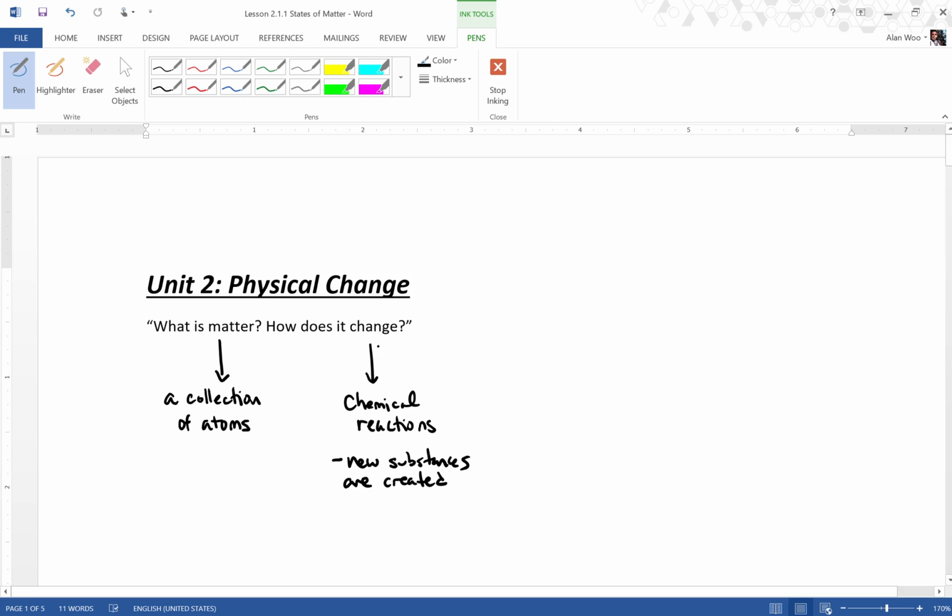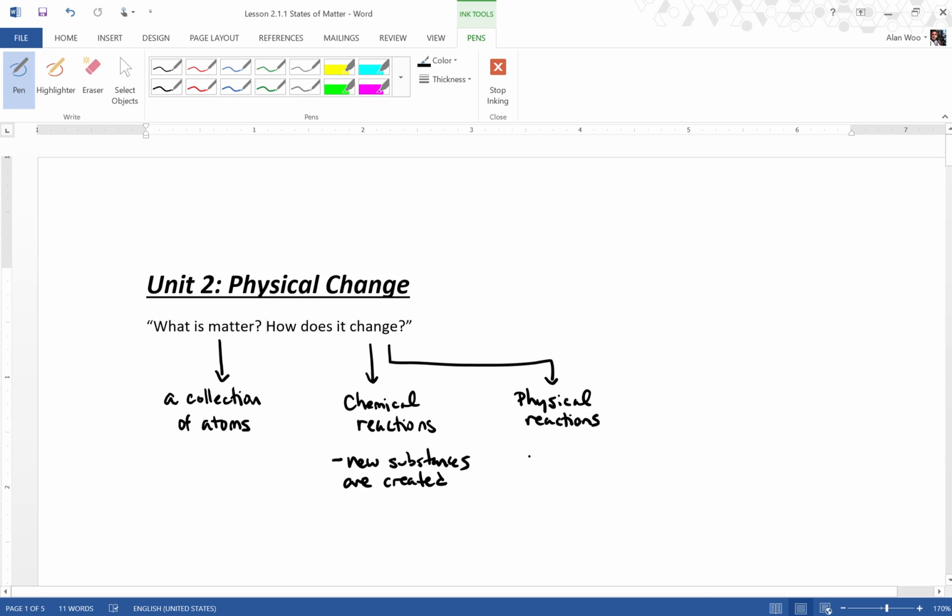Now, the other change happens physically. So we have physical reactions, or sometimes they're just known as physical changes, which is the whole basis of this particular unit. Here, there are no new substances that are formed.